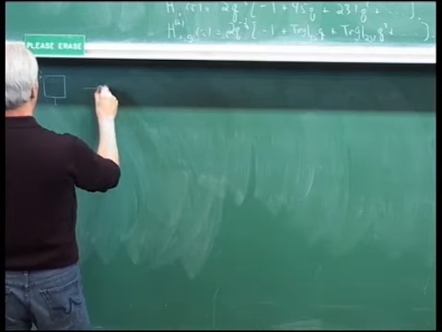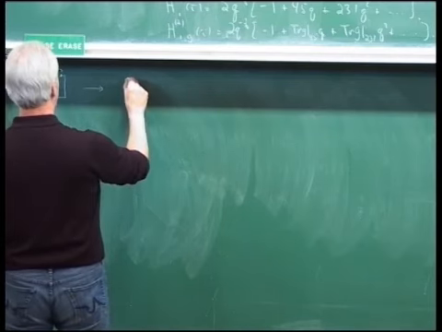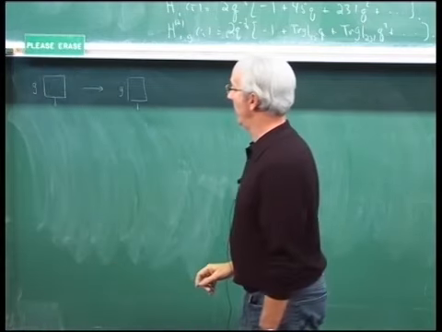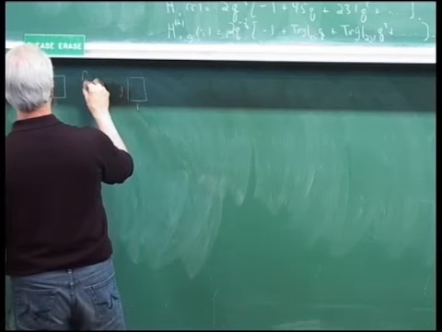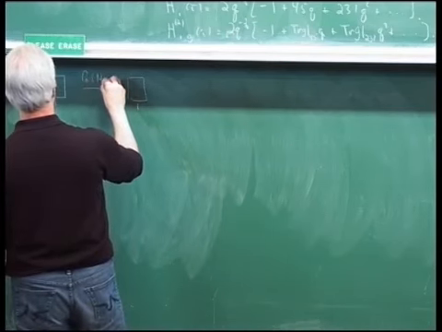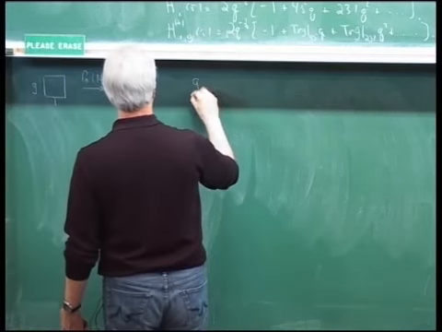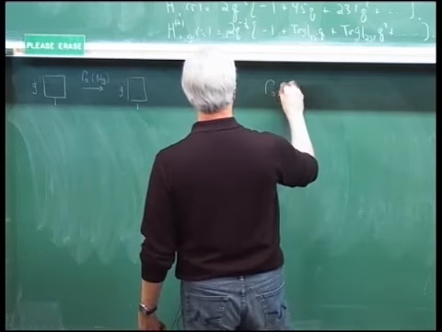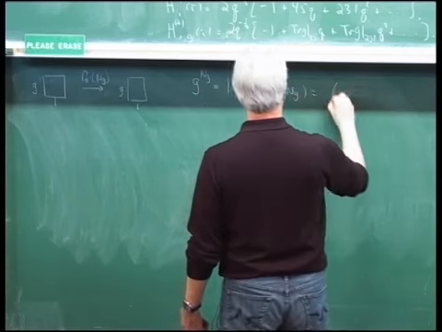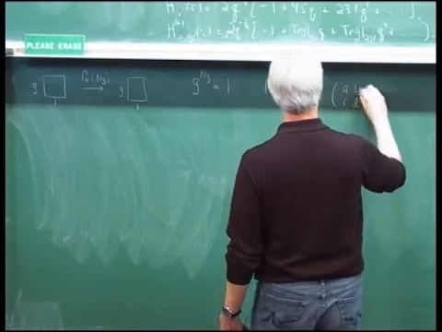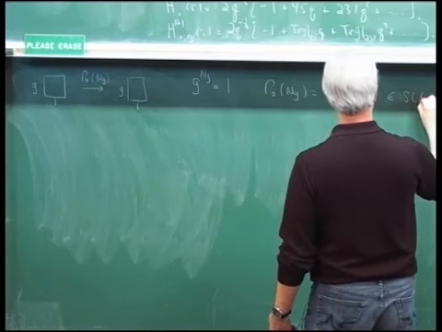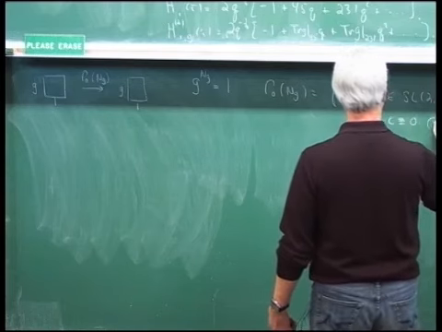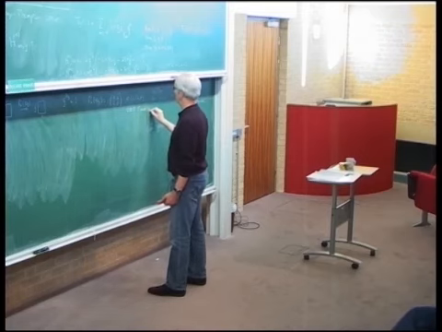And if I ask which elements of SL2Z preserve that boundary condition under modular transformations, the answer turns out to be gamma naught of Ng, where Ng is the order of G, and gamma naught Ng are the elements of SL2Z with C congruent to 0 mod Ng.